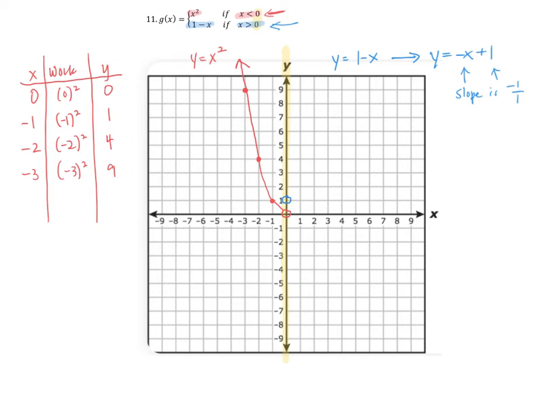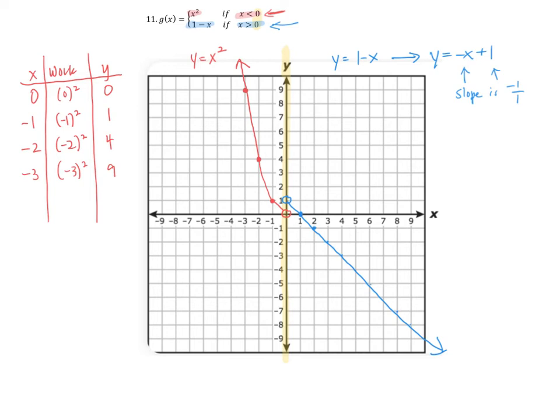That'll put you over here. That's not helpful. Or you can go down 1, right 1, and that puts you on the correct side. So down 1, right 1 is how we want to go, because that's going to give us the correct side of the graph. Connect those. This should be a line. And there's your piecewise defined function.